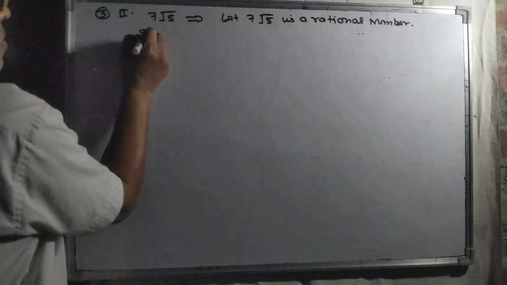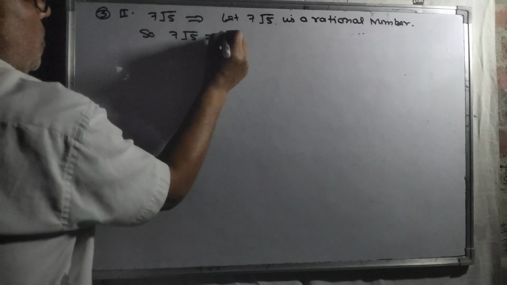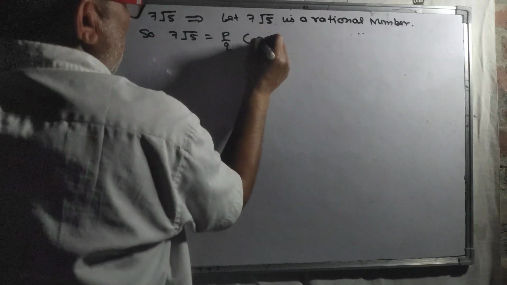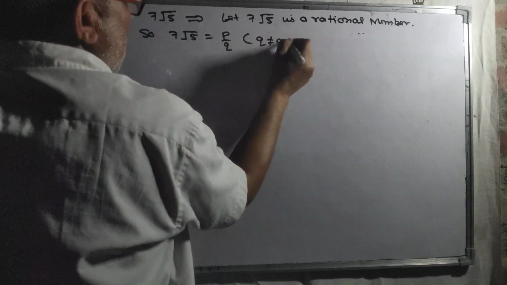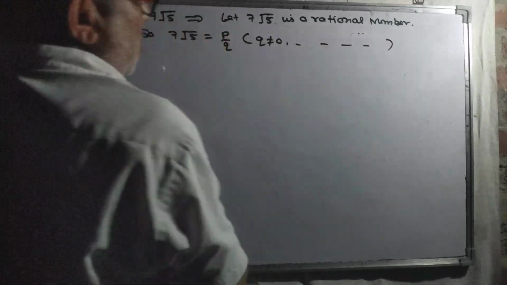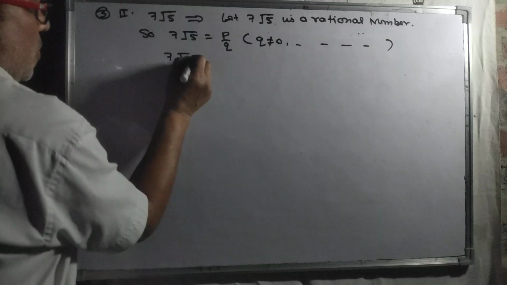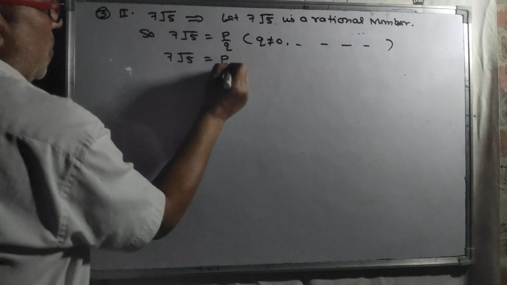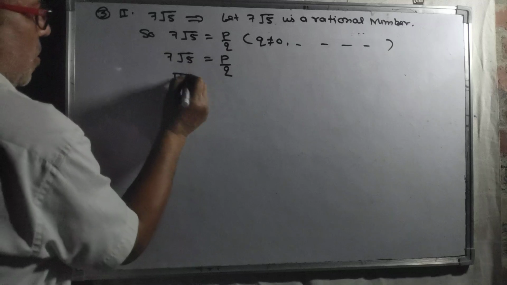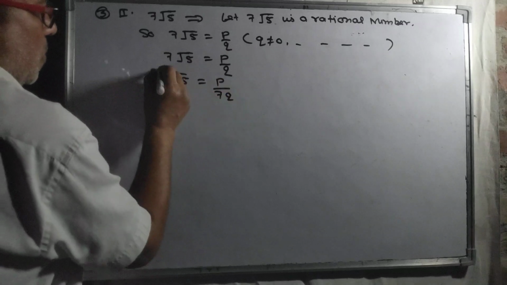So 7 root 5 equals p by q, where q is not equal to 0 and p and q are co-prime numbers. 7 root 5 equals p by q, so root 5 equals p upon 7q.